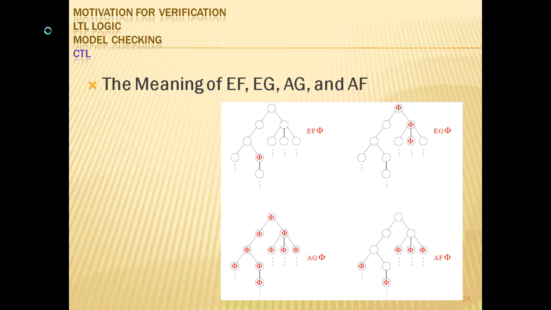A G psi means that all the paths and all the states of the paths will satisfy the formula. A F psi means that all paths will satisfy the formula, given that only one state in the path will satisfy the formula.